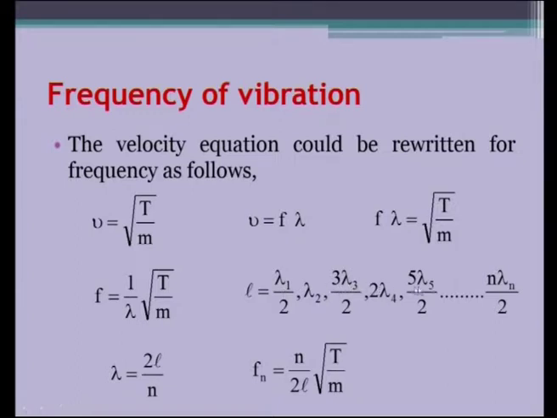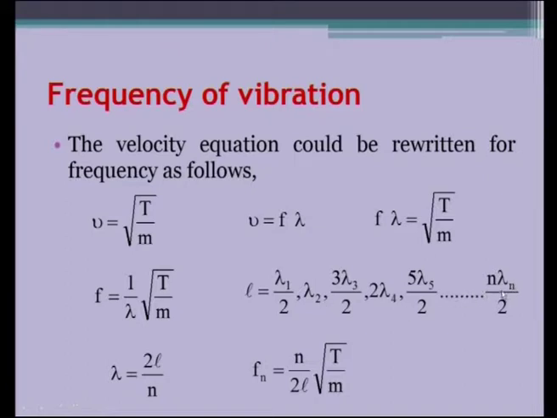If you look at this equation, in the first case 1 lambda is there, in the second case it is 2 divided by 2, so that is 2, then 3, and here it is 4 divided by 2, so that 2 comes. Like that 1, 2, 3, 4, 5 and so on, they appear in sequence, and finally we write n times lambda divided by 2, and here this lambda is different. So, we denote it as lambda n.